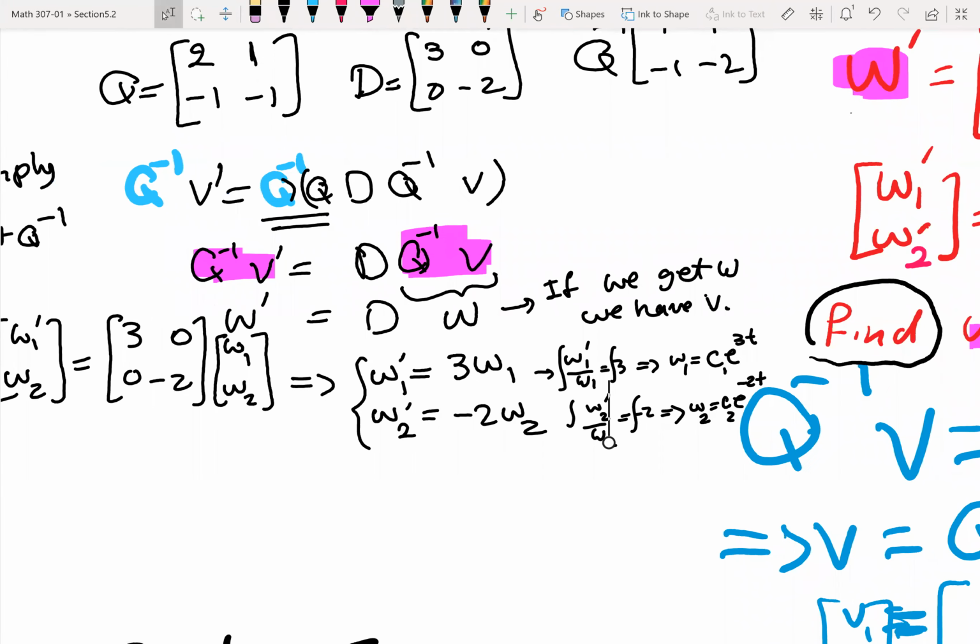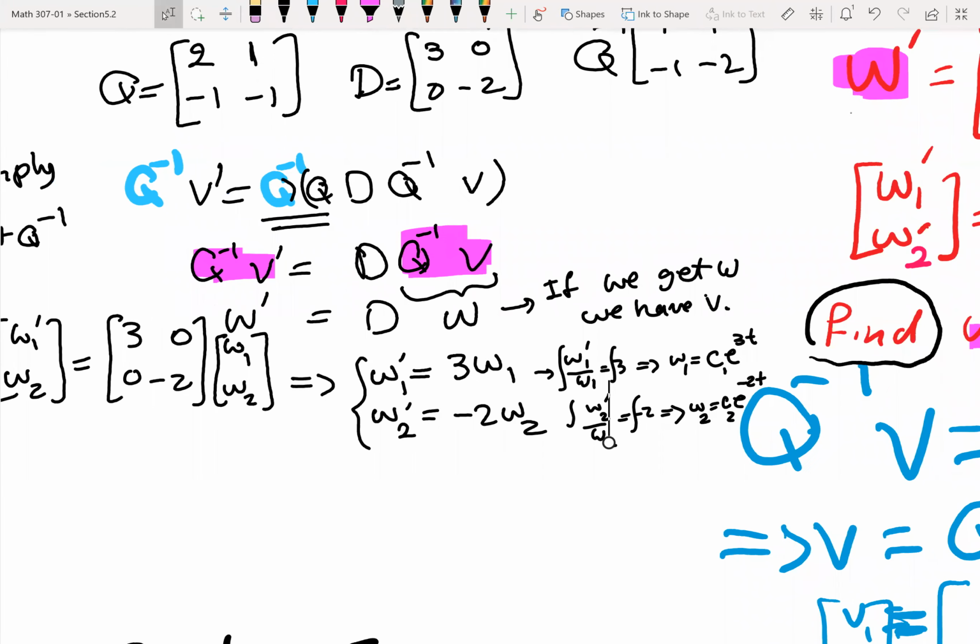Then you distribute, and that gives you your V: 2C1 e to the 3t plus C2 e to the negative 2t.